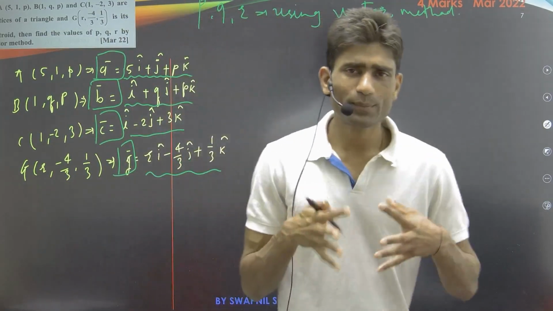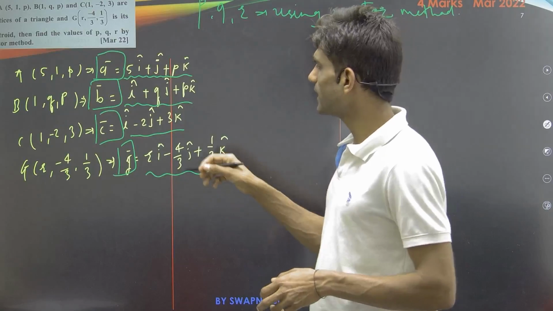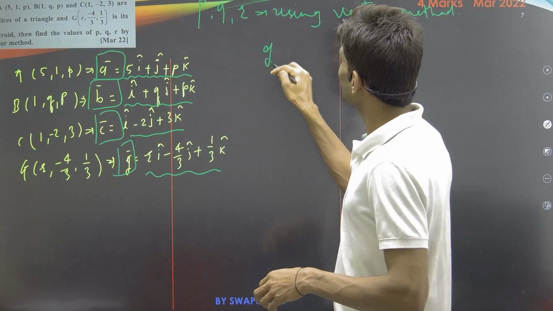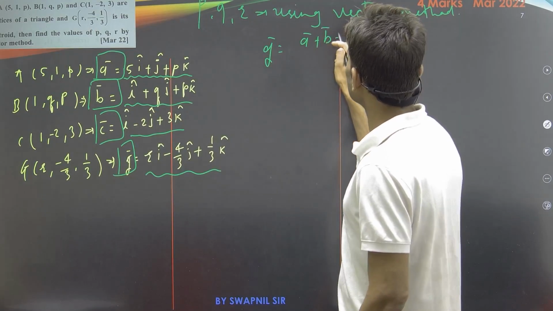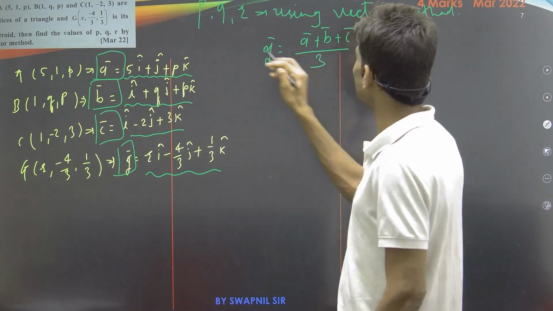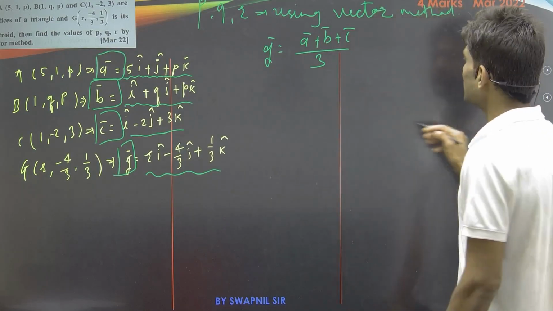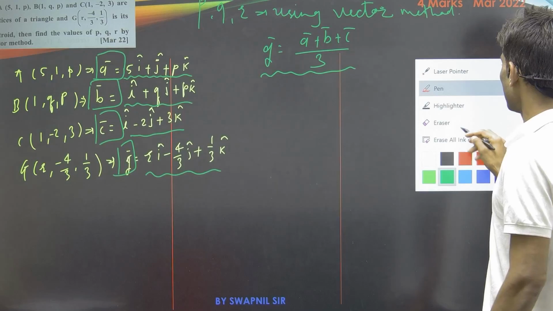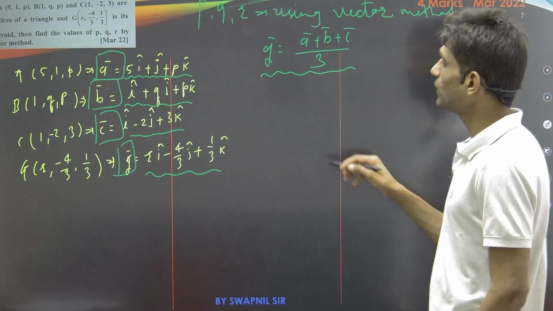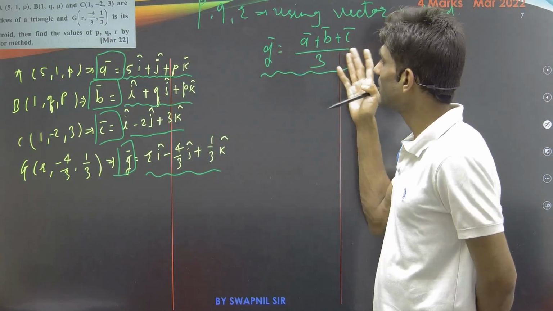G bar can be written as the addition of the three position vectors, A bar plus B bar plus C bar, divided by 3. This is our required formula for the centroid. Now put in all the values for G bar, A bar, B bar, C bar and go for the calculation.